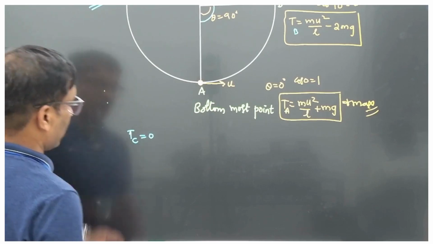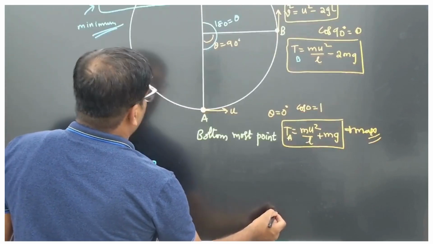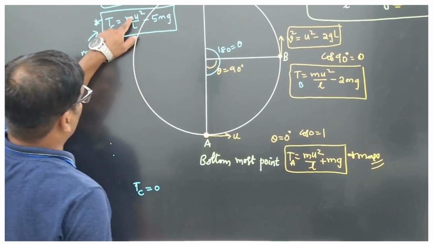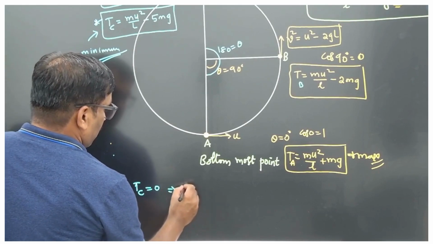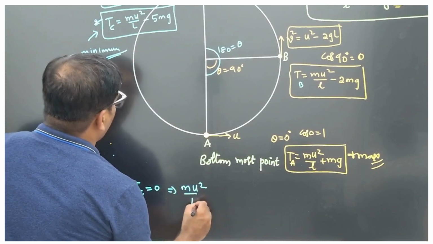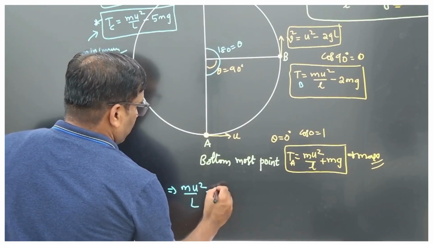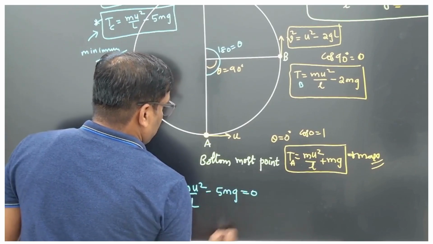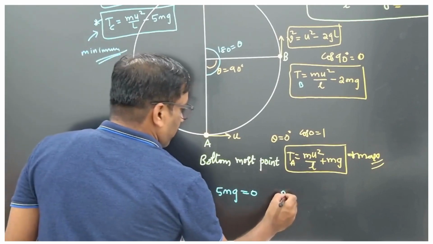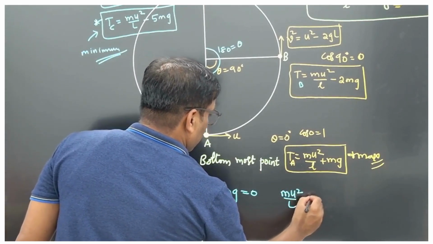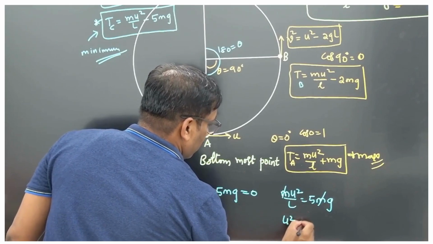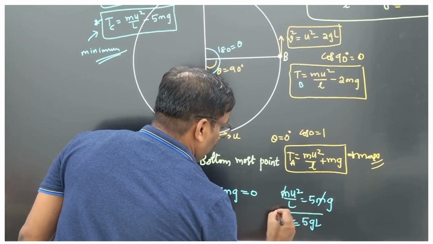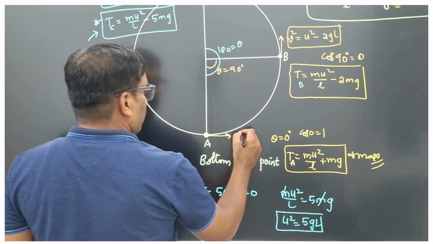What is the tension? We got it now. Tension is nothing but mu square by L minus 5mg. So we can substitute here now. So mu square by L minus 5mg is equal to 0. So mu square by L is equal to 5mg, m gets cancelled, u square is equal to 5gl. What should be the minimum speed you need to provide now?